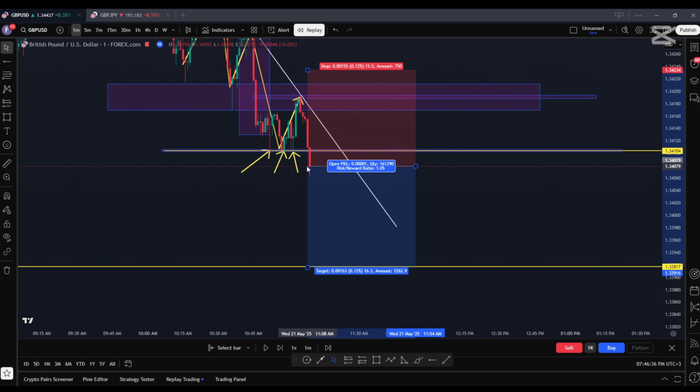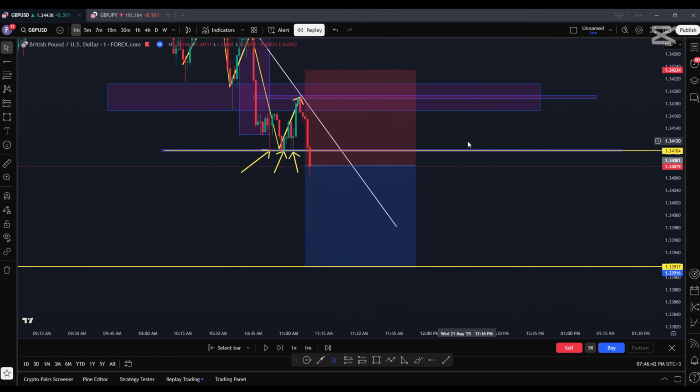If you look at the risk to reward ratio on this trade, we are risking around 10 to 12 pips, and we're aiming for 16 to 20 pips. So this is what professional traders will be looking for.